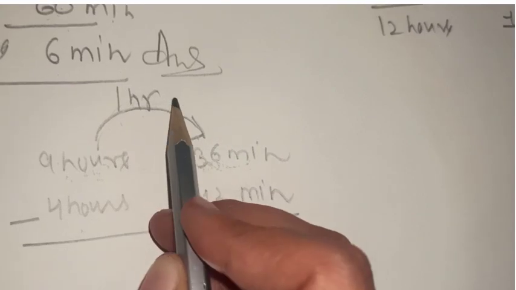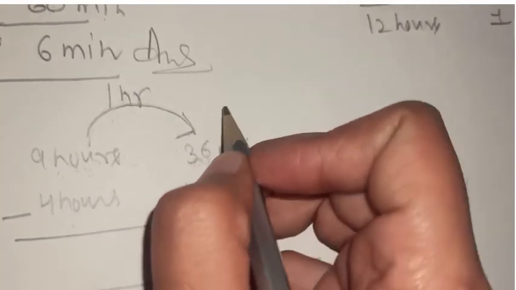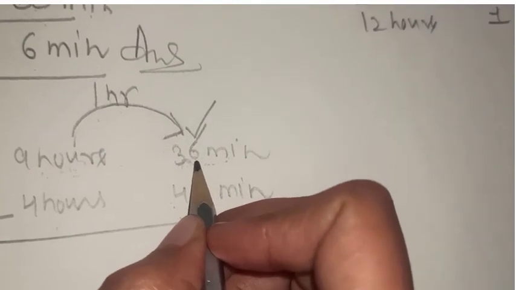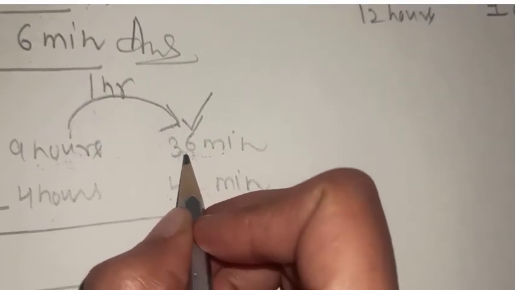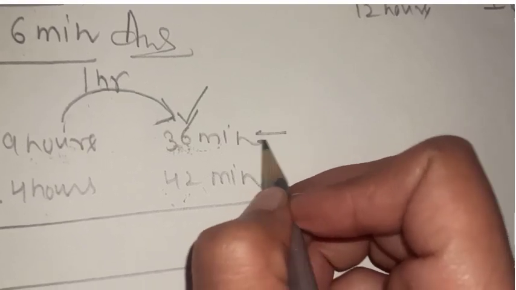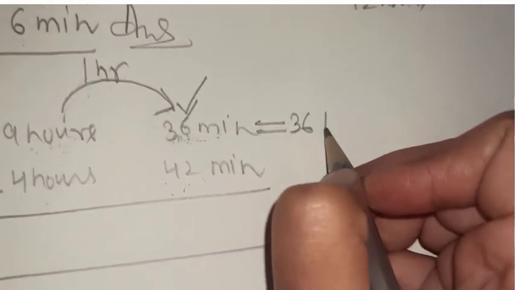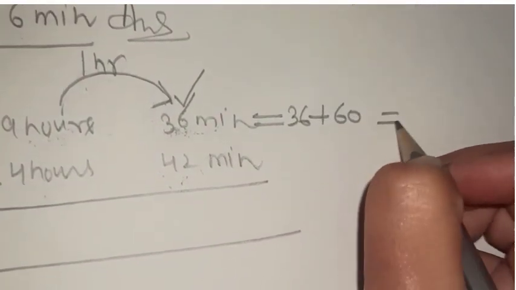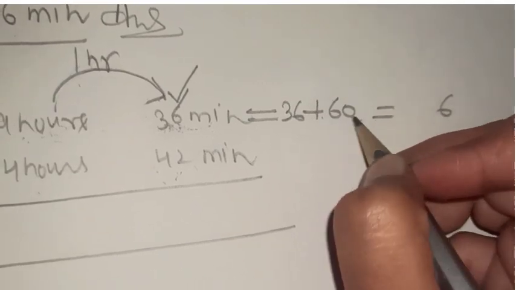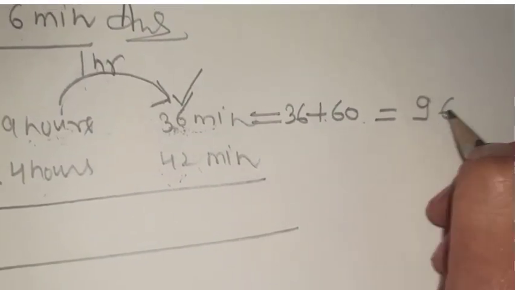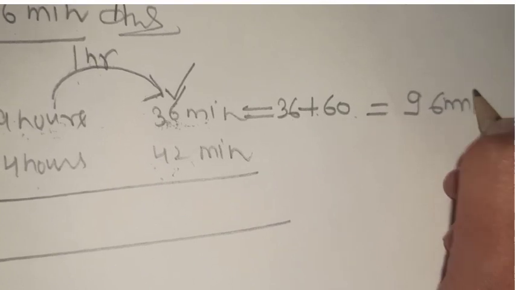Why? Because 1 hour is equal to 60 minutes. So this 36 will not remain 36. We will add 60 here. So it will be 36 plus 60, that is 96. This will become 96 minutes.